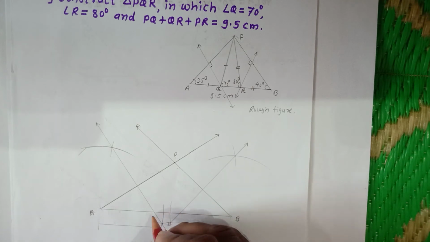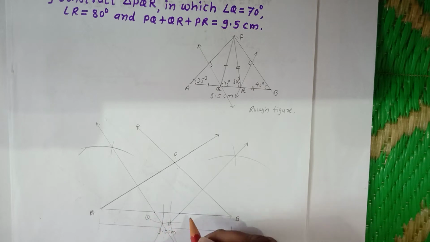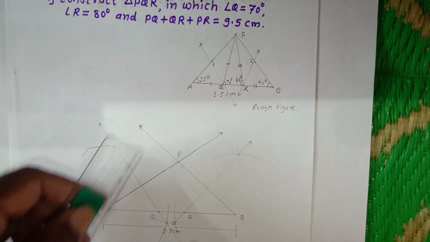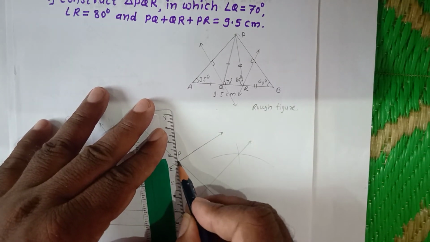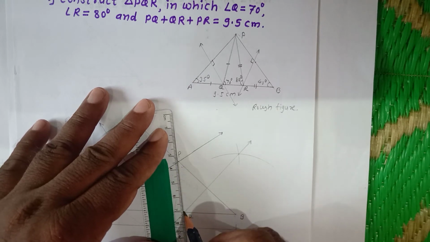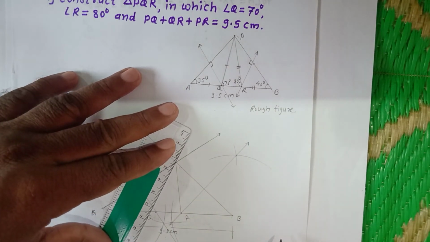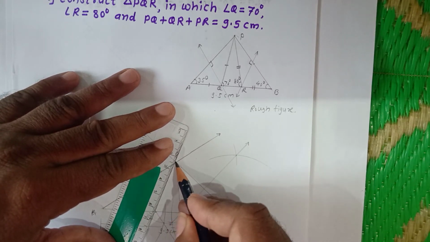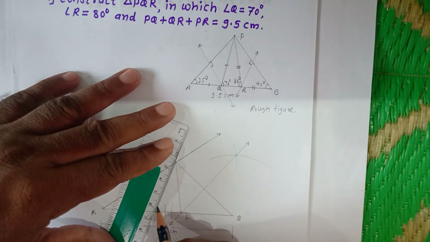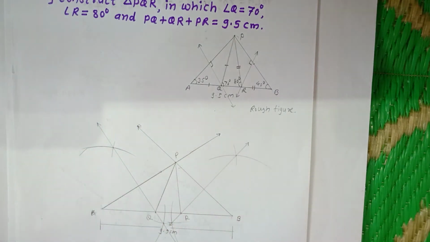So these 2 perpendicular bisectors meet segment AB at the points Q and R. Now join the points PQ and PR in this way.